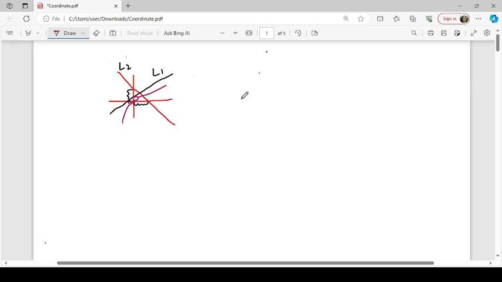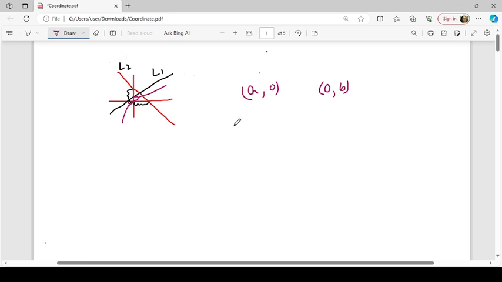So if the x-intercept is a, then its y-coordinate is 0, and if the y-intercept is b, then (0, b) is a point on the line. So if we know the x-intercept and y-intercept, we have 2 points on the line.